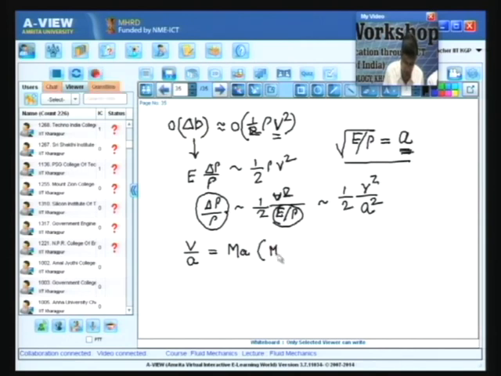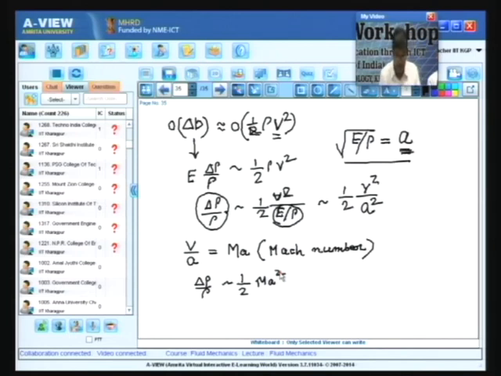So, therefore, we can say that delta rho by rho, that is the relative change in density, is proportional to half of Mach number square, M A square.